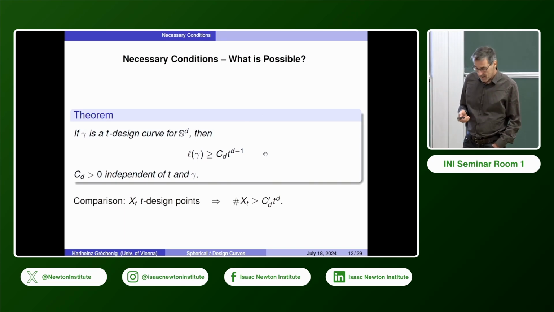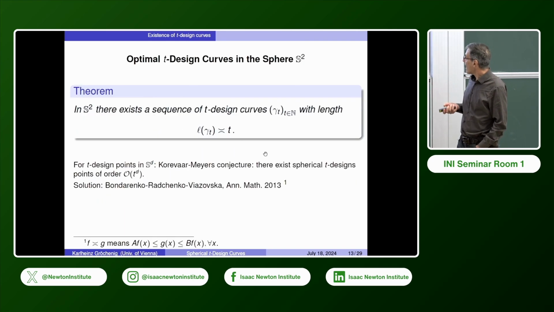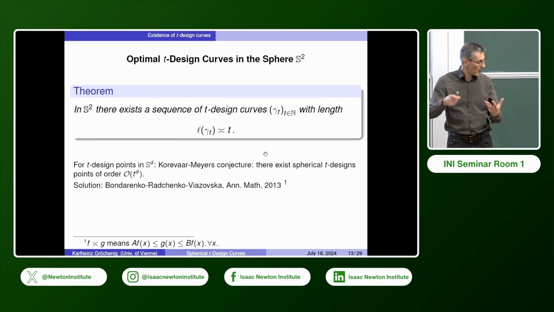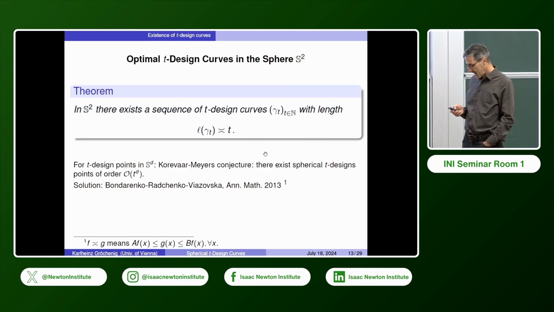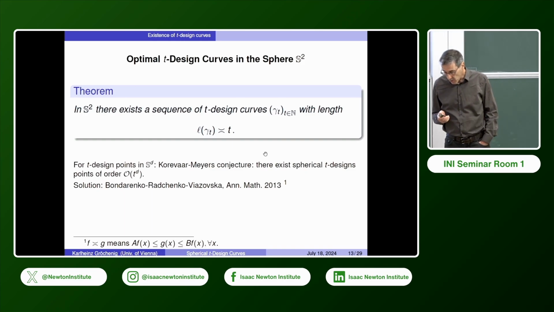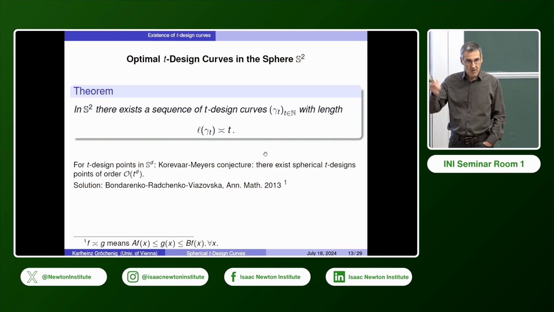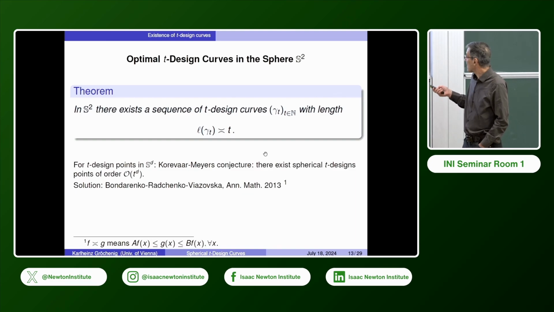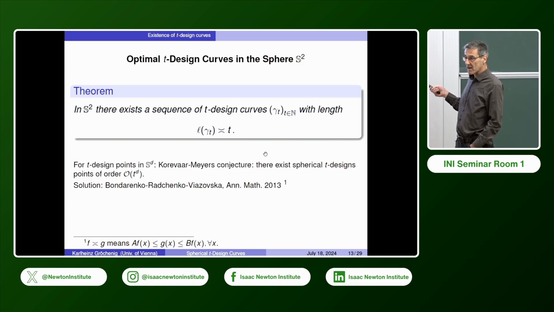Can we do that? So the first result would be t-design curves on the 2-sphere. So that's something we can actually visualize. Sphere in R3. And on the 2-sphere, for every t, there exist t-design curves of length of the order t.